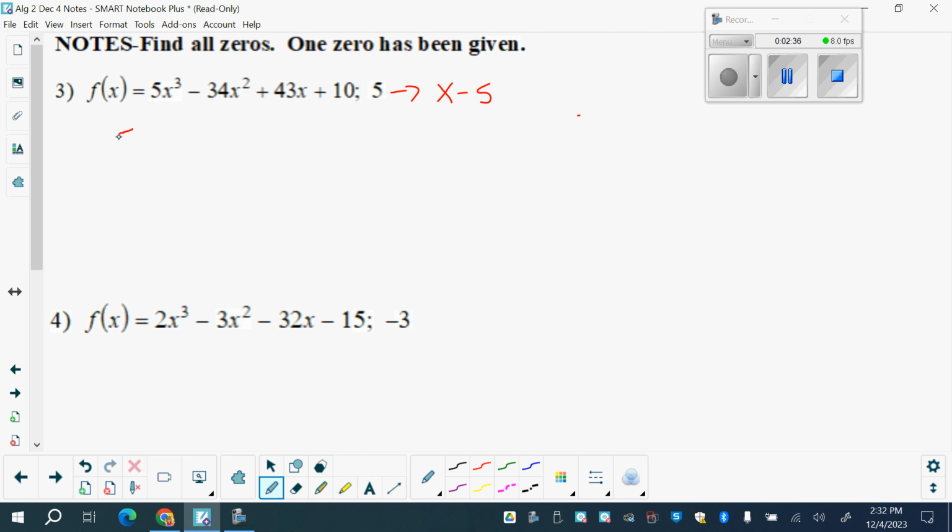We're going to take a 5 and take my coefficients. Someone do the synthetic division for me. Omar. David, do that for us. 5 times 5 is?